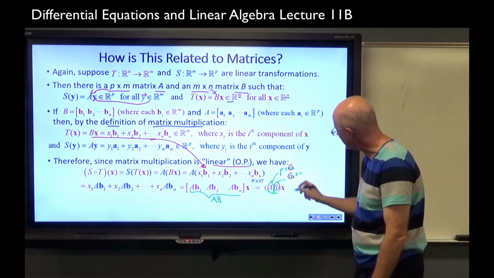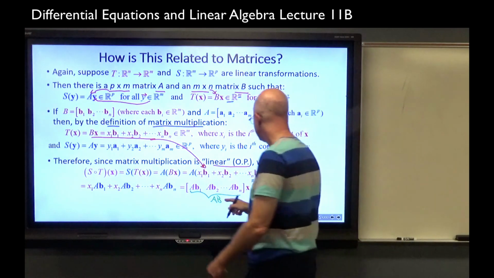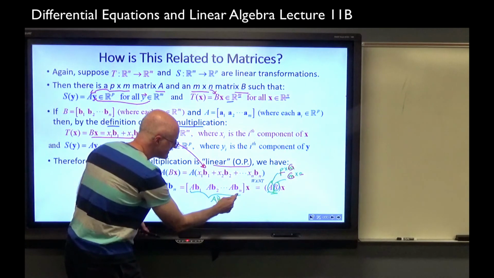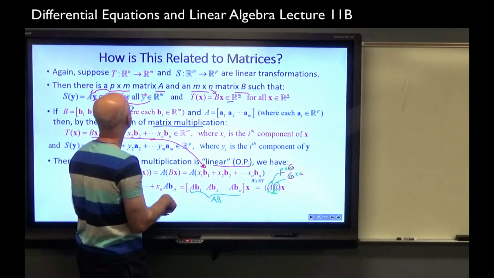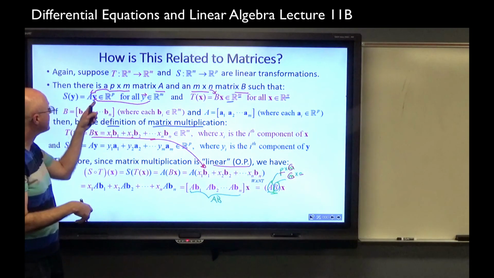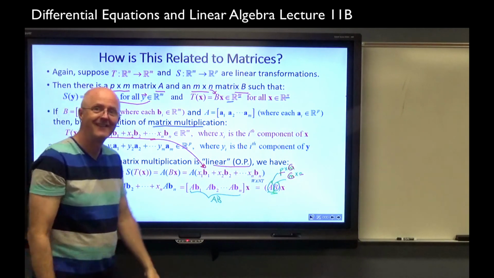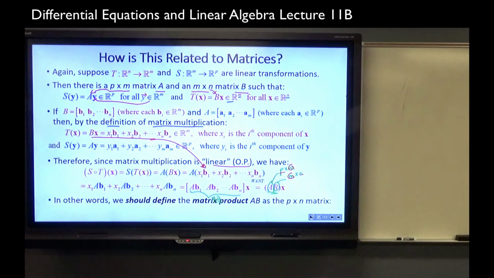And the answer has got to be p by n. This matrix here better be p by n. Well, it's got n columns. Are these p-dimensional vectors? Yeah, because A times a vector is p-dimensional. An example will help. Okay, we should define the matrix product as this p by n matrix right there.